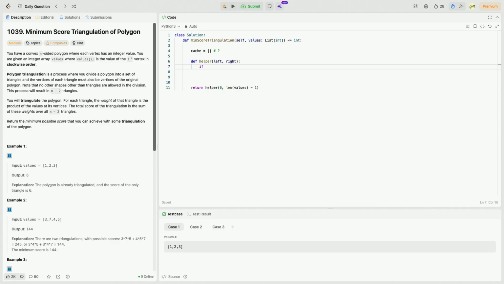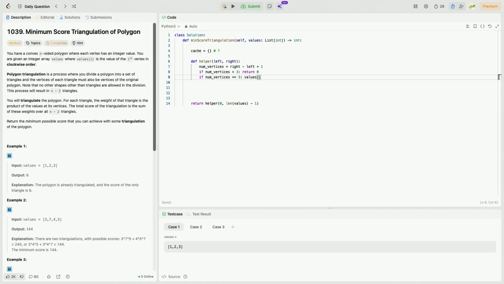So, well, how many nodes do we have here? Well, num vertices. That would be right minus left plus 1. Because if left and right are 0 or the same, this would be 0. So we have to increase it by 1. That means 1 vertex. And then if num vertices is smaller than 3, we're just going to return our 0. If num vertices is equal to 3, that's the other case, then we just need to multiply its values for the score, right?